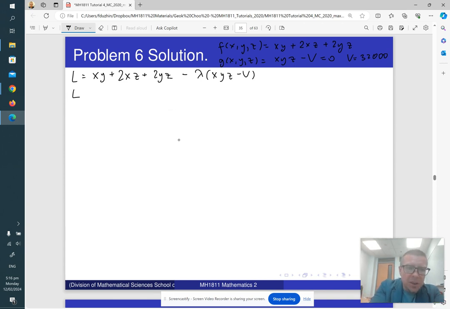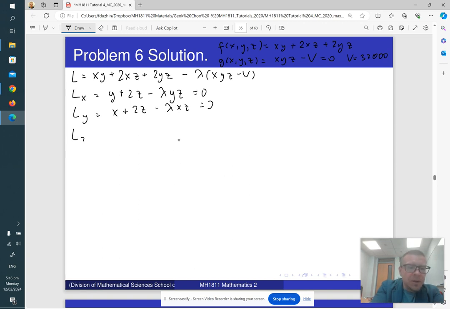Now I will differentiate it with respect to x. The partial derivative with respect to x is y plus 2z minus lambda yz should be equal to 0. Partial derivative with respect to y is x plus 2z minus lambda xz is also 0.